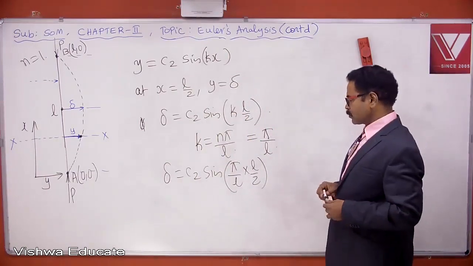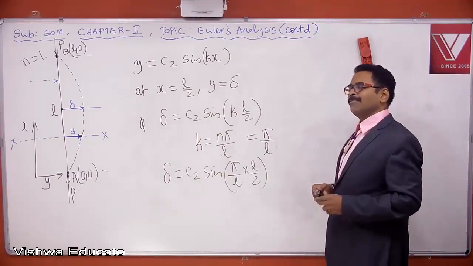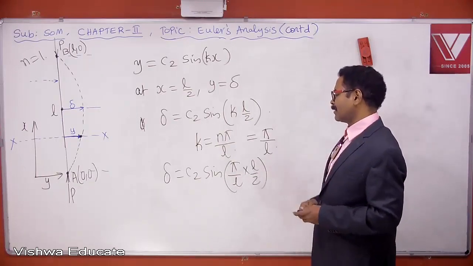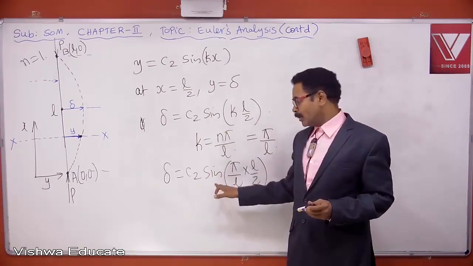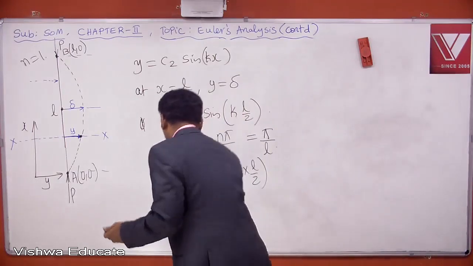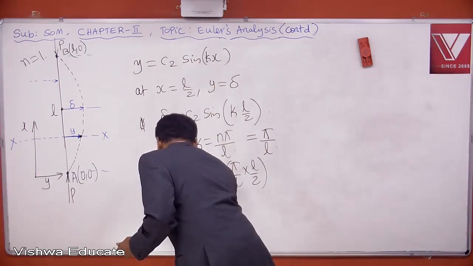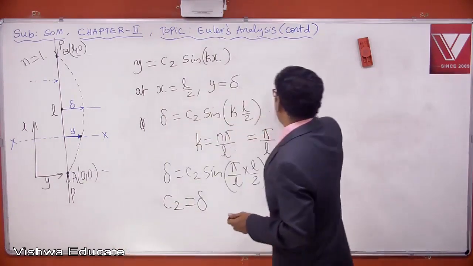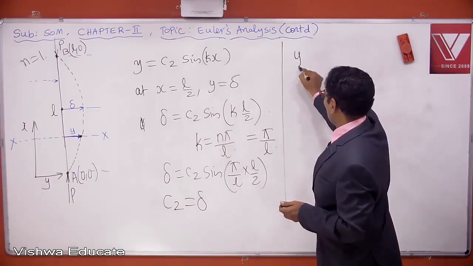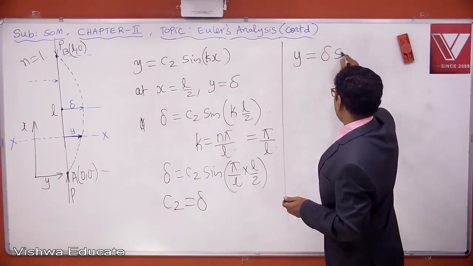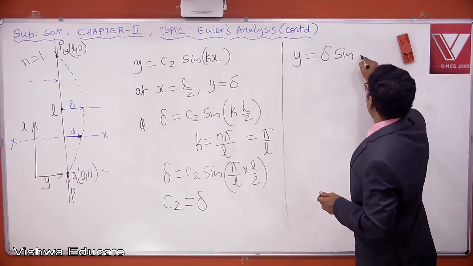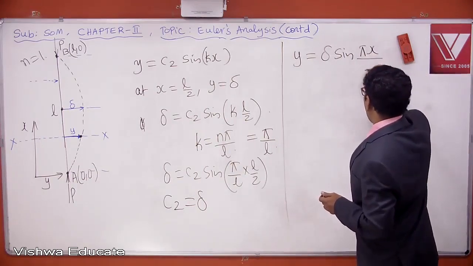L will cancel, we get pi by 2. What is sin pi by 2? 1. So C2 is equal to delta. We just found C2. Then my solution will be y is equal to delta sin pi x by L.